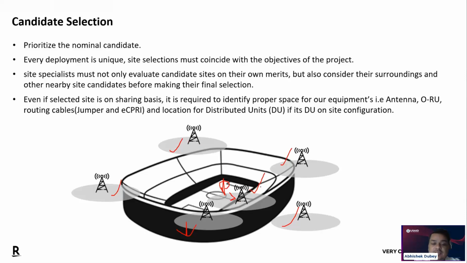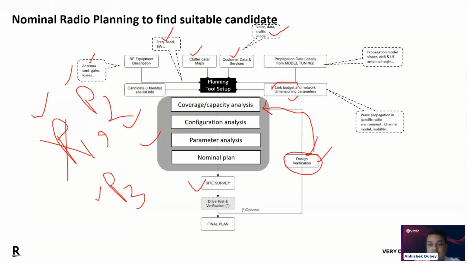For example, if you receive this as a final, where you can install the site and it is fulfilling your civil criteria as well as RF criteria, then again you are going to give this design feedback to your planner, and your planner is again going to feed this data to the tool and get a plot.